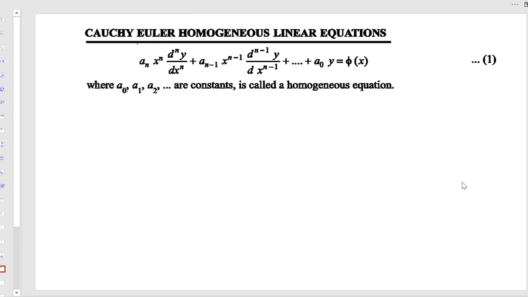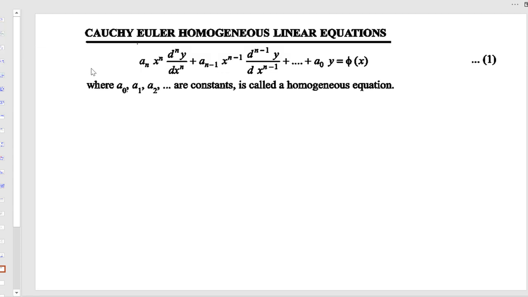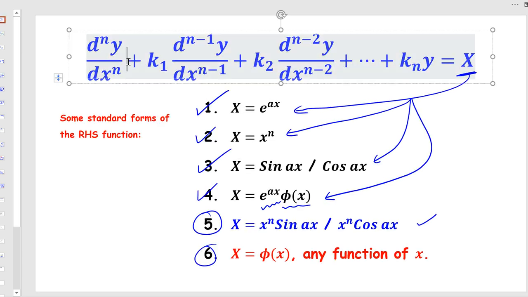For this type of problem we will consider only simple ones, but the difficult ones are not part of our syllabus. So we will focus only on the special type of problems known as the Cauchy Euler equation, homogeneous linear equations. The expression will look like this. Earlier, if you go back and check, try to compare these two equations.